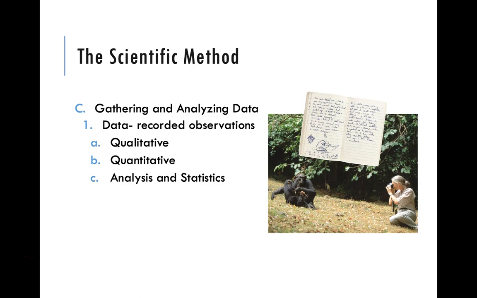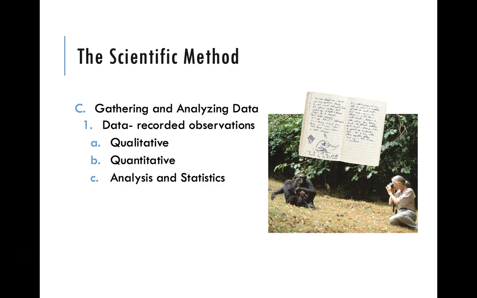But if she wanted to make quantitative measurements, she might measure how often these two chimpanzees, or the whole population, engage in this activity, or for how long they do it, or maybe the number of insects that are removed from the other. Both types of data are equally relevant to the scientific method, and the one that you're going to analyze just depends on your experiment. For the most part in this class, we will be using quantitative.